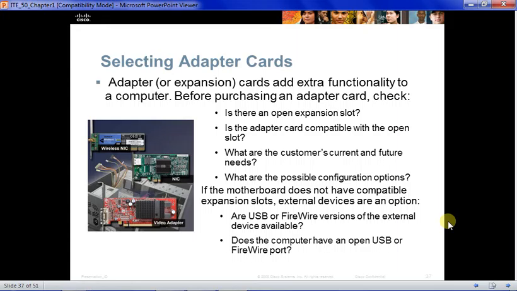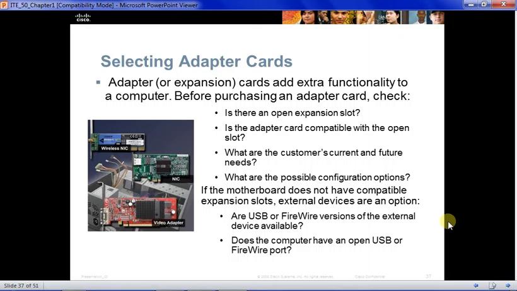Adapter cards. These tend to be the most frequent upgrades that people do. You will do these upgrades not because your computer has failed in some way, but because you or your customer would like to expand the capacity or capabilities of your computer.